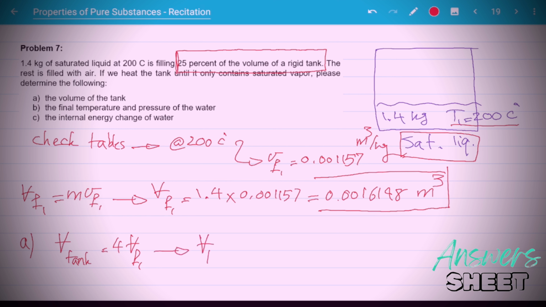So the volume for the tank is 4 times 0.016198, which is 0.064792 meters cubed. So this is our tank. It's about 6.5 liters.